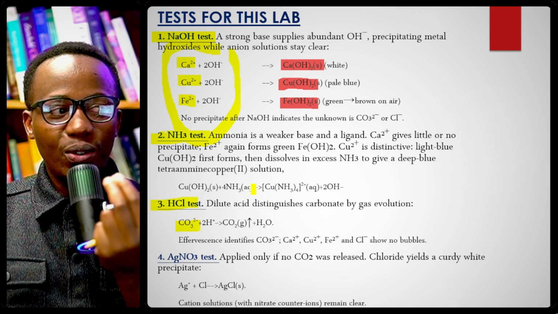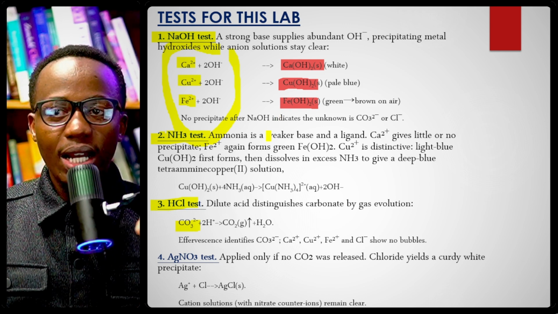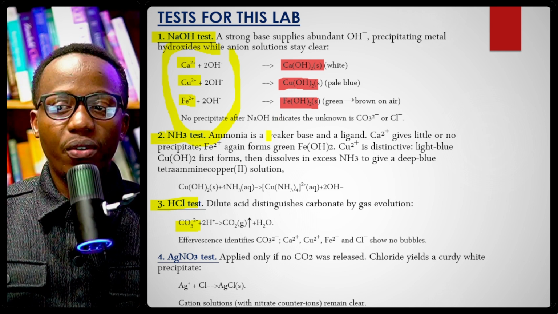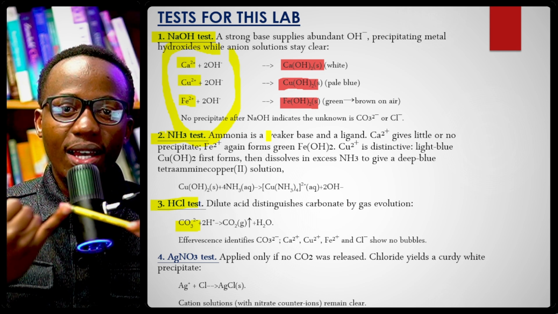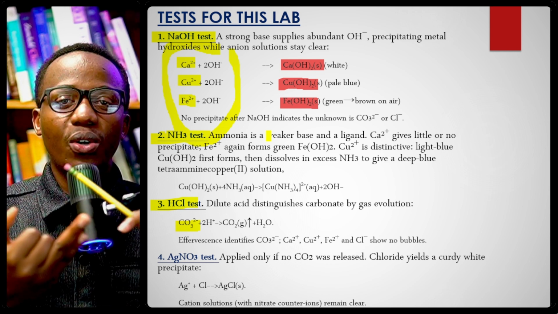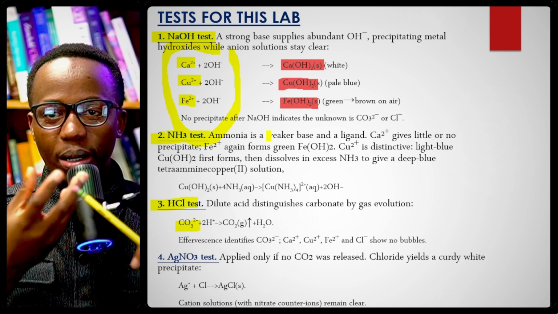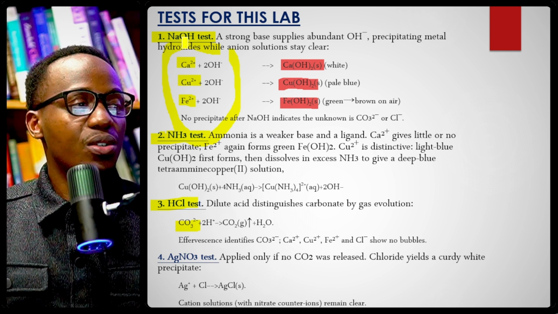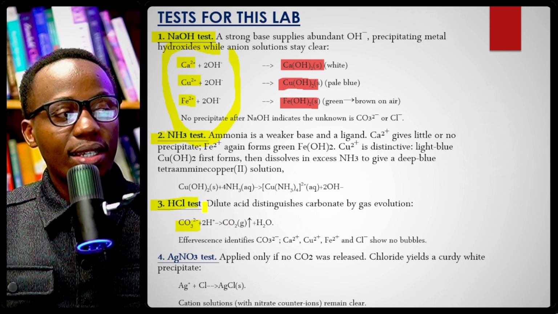So in a qualitative analysis, one of the observations is formation of a precipitate. Another observation is the change of color. And another observation that we're going to be seeing is the production of bubbles, right? Bubbling, which is production of gas. So here you should be able to see it if something has a carbonate.